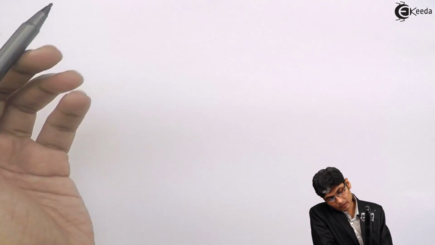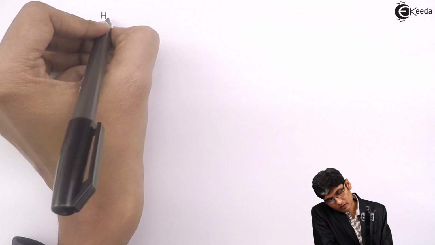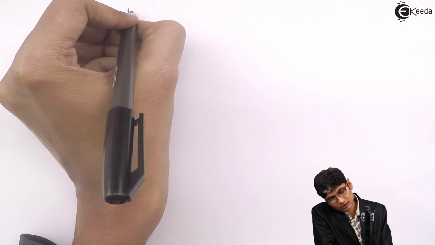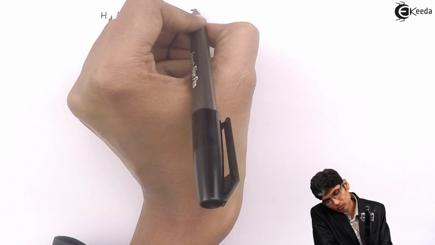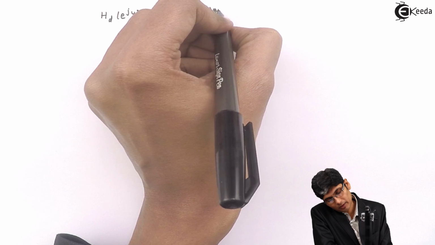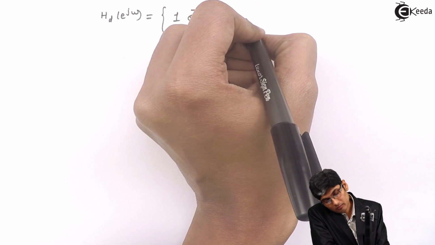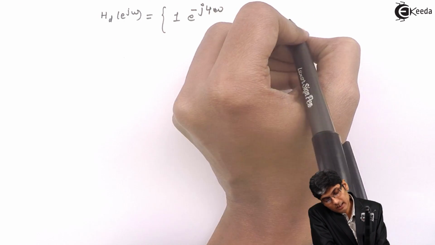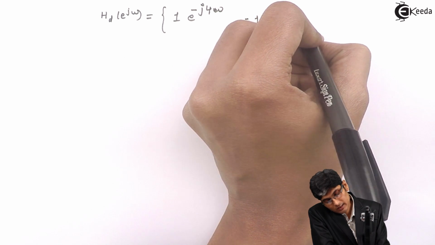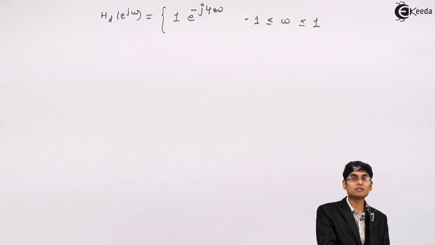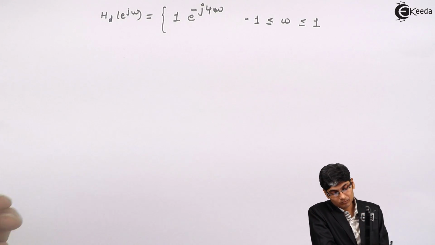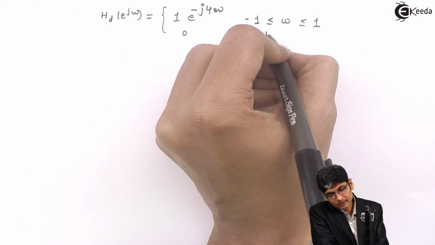So with this statement, we can write HD of e raised to j omega equal to 1 times e raised to minus j 4 omega for minus 1 less than or equal to omega less than or equal to 1, because we have to design a normalized filter, and it is 0 otherwise.